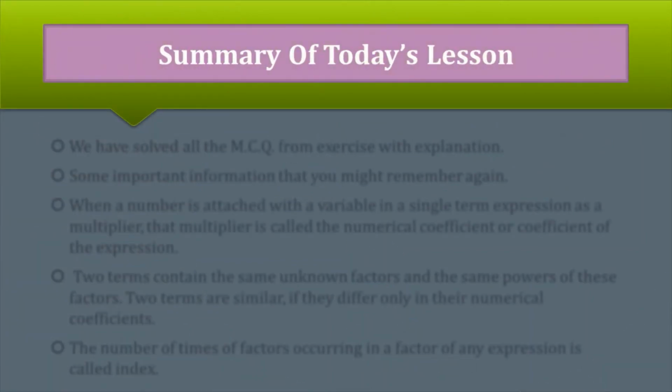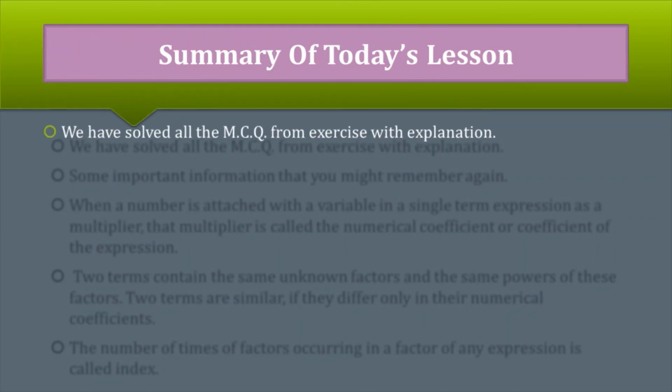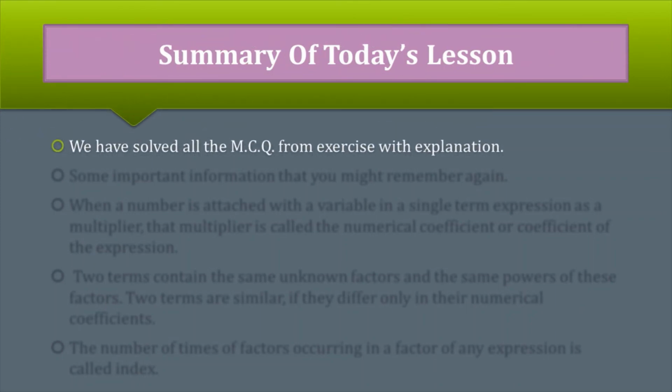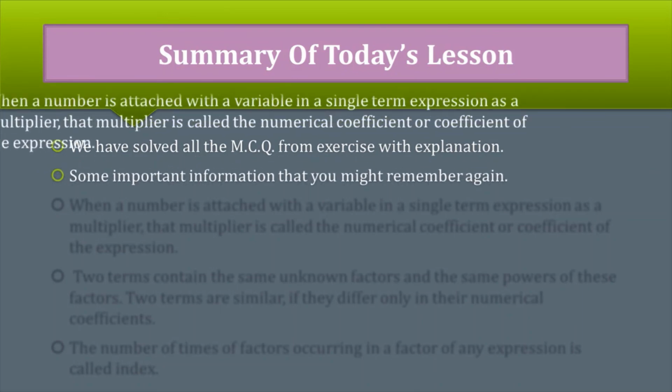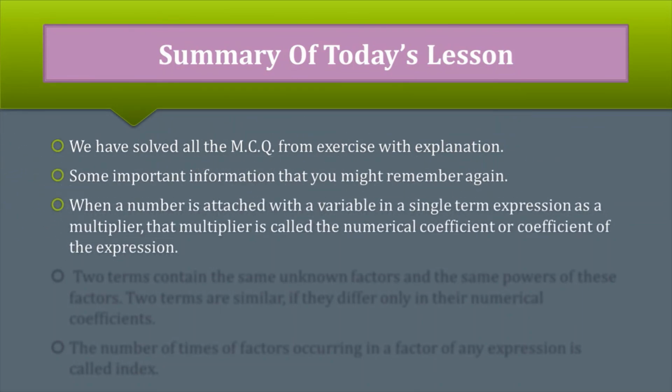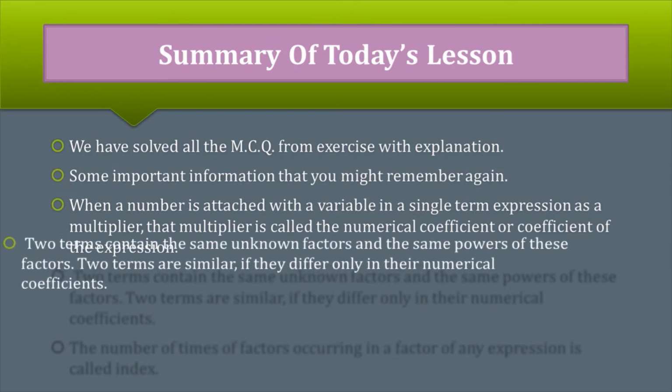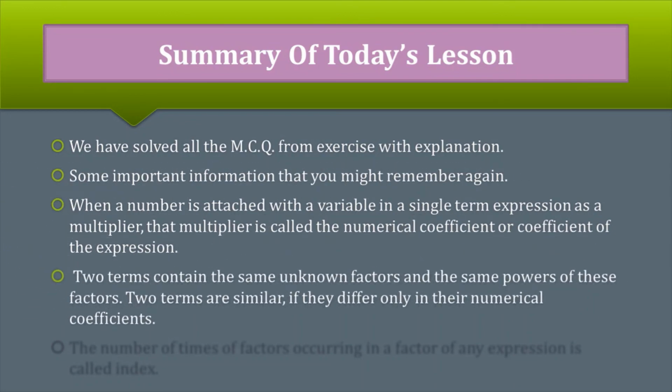Now, summary of today's lesson. We have solved all the MCQs from the exercise with explanation. Some important information that you might remember again. When a number is attached with a variable in a single term expression as a multiplier, the multiplier is called the numerical coefficient or coefficient of the expression. Two terms contain the same unknown factors and the same powers of these factors.